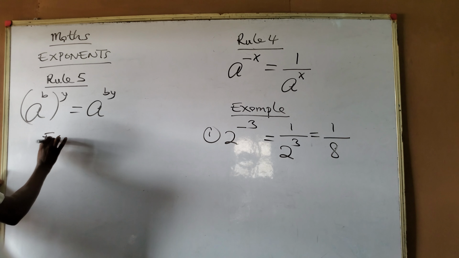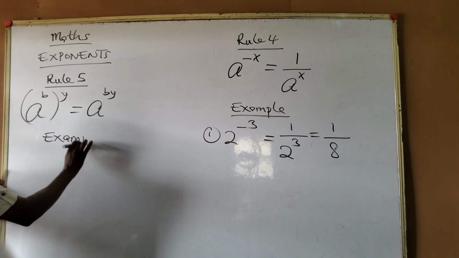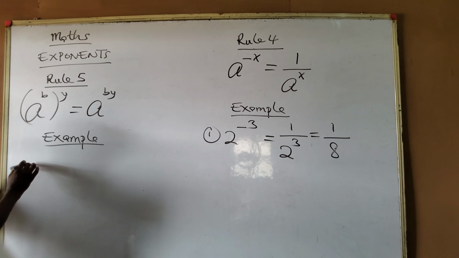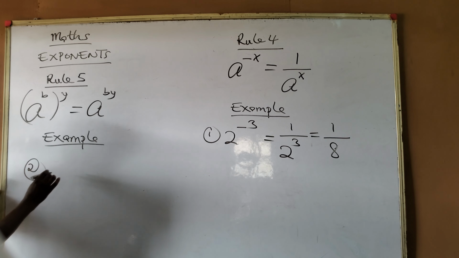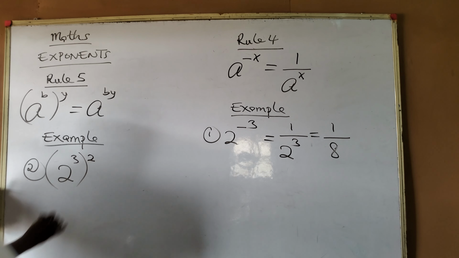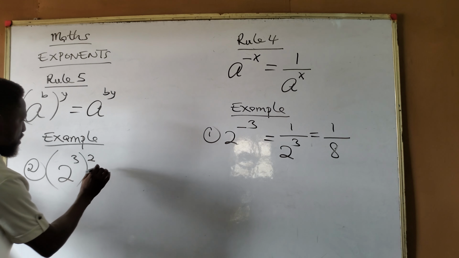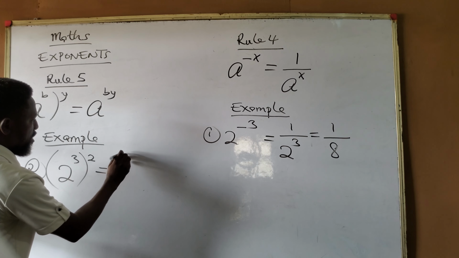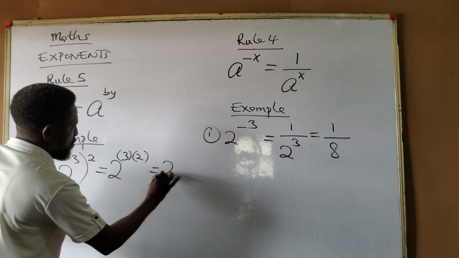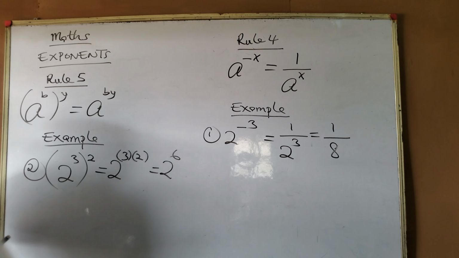Take for example, if you have 2 to the power 3 and raised to the power 2, this one is the same thing as 2 to the power 3 times 2, and that will be 2 to the power 6. That's from the 5th rule of exponents.